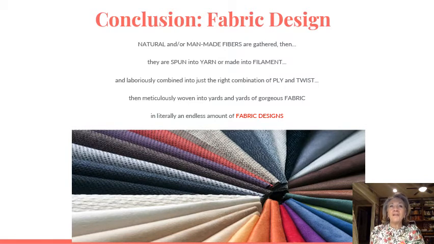That's our yarn phase. And then those yarns are meticulously woven into yards and yards of gorgeous fabric. And that fabric can take on literally an endless amount of fabric designs. So that's our progression so far in this class, starting with our fibers that are made into fabrics and that have all of these gorgeous designs woven into them or printed on them.